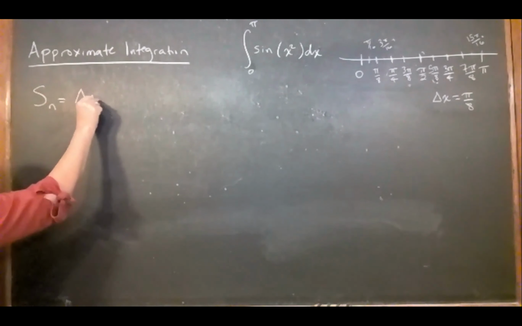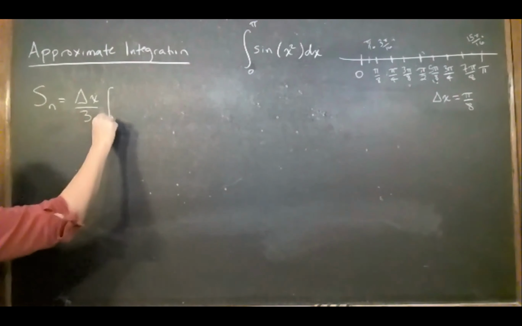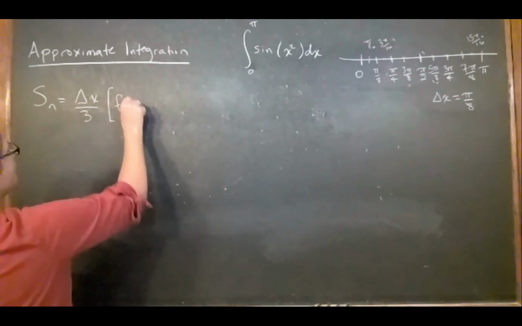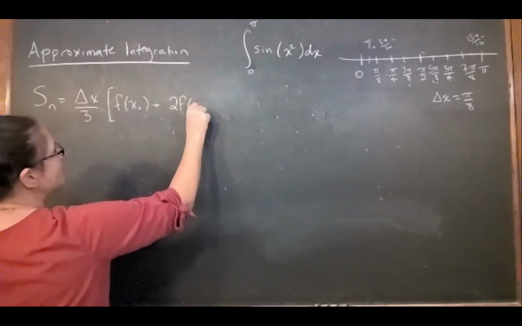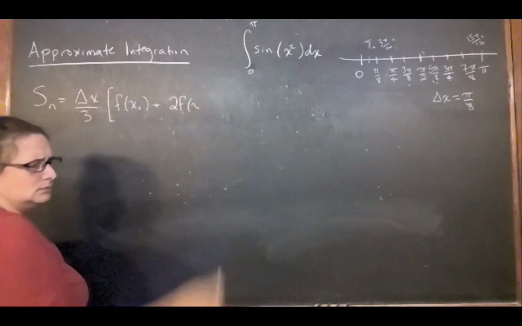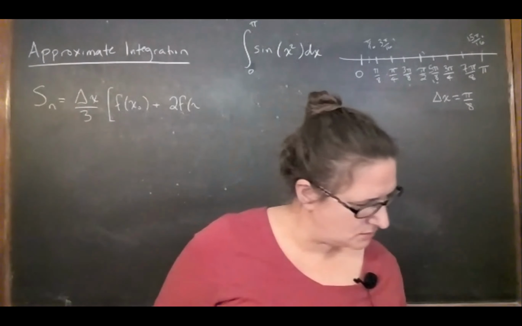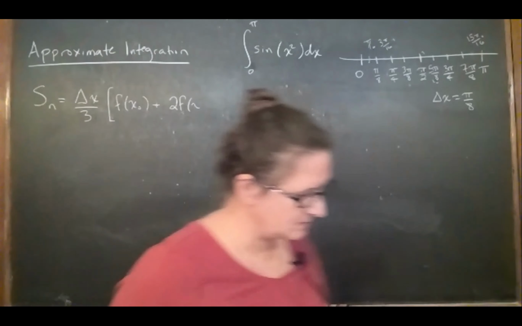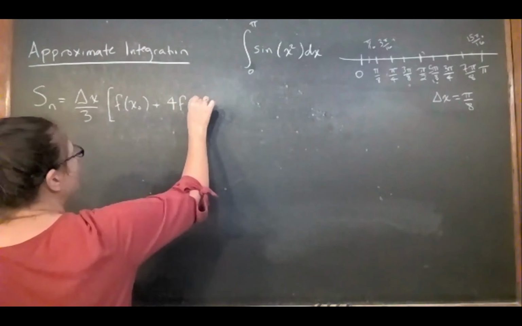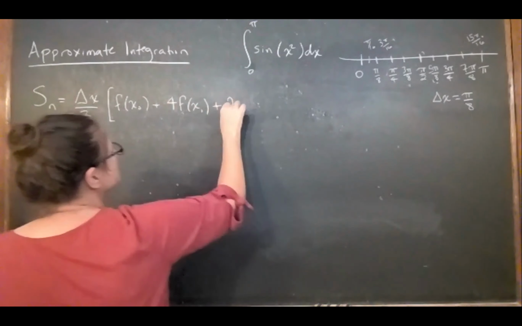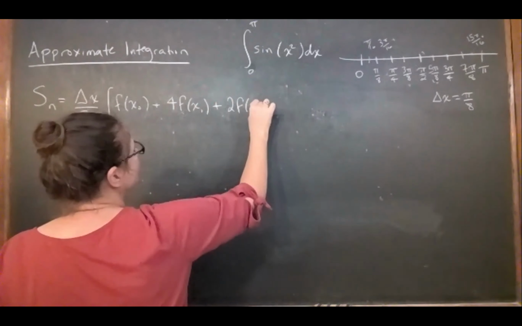We're going to have delta x over 3, and we're going to start from f of x0 plus, not 2, I've got to get 4, 4f of x1 plus 2f of x2.